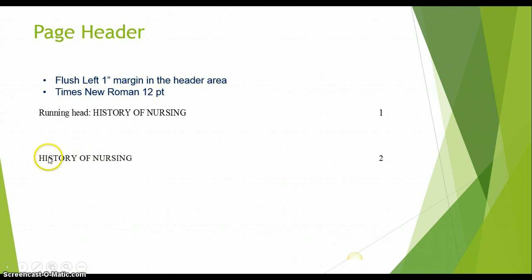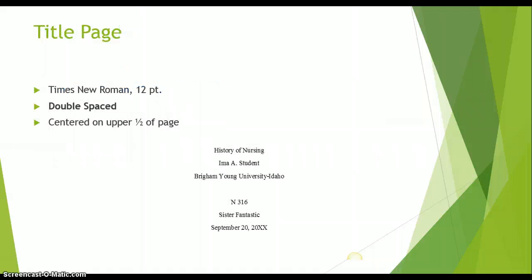So you'll take out that running head on the second page and subsequent pages. You'll just take out that running head, but make sure that you have your page number that is flush right, and it should be a 1/2 inch from top of the title page. And page 1 starts on the title page and continues on every page, including the reference page.